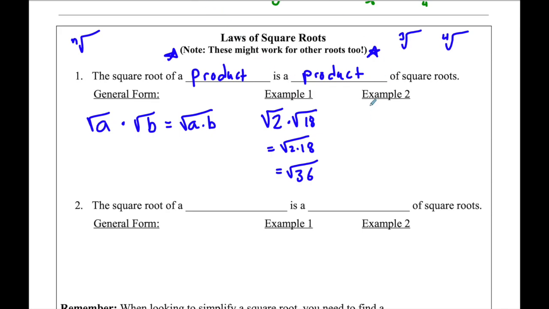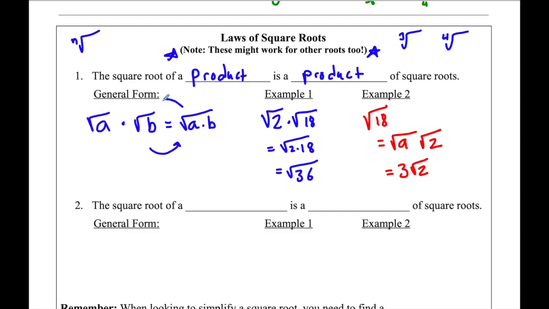Okay, similarly, if I start off with something like the square root of 18, I know the square root of 18 is equal to the square root of 9 times the square root of 2, and the square root of 9 is 3, so I get 3 root 2. So what's cool is that it actually works both ways, okay?